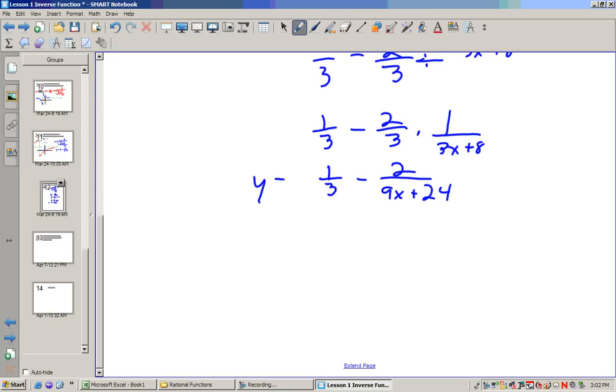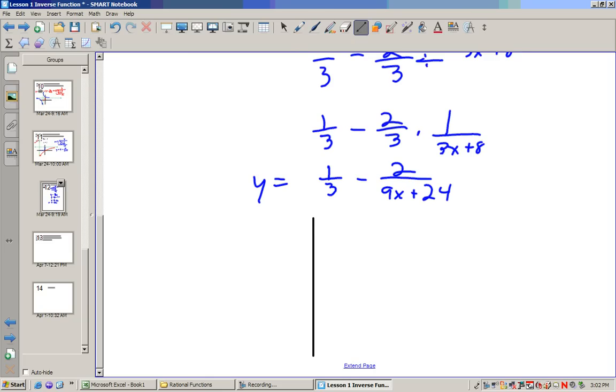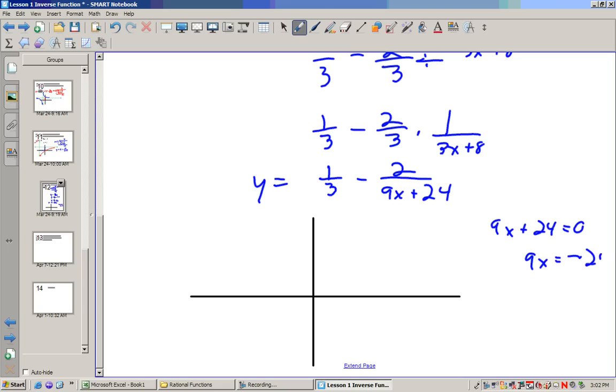So if this is our function, it goes up 1/3. Now, what is going to make that 0? If 9x plus 24 equals 0, 9x will be negative 24. So x will be negative 24 ninths.